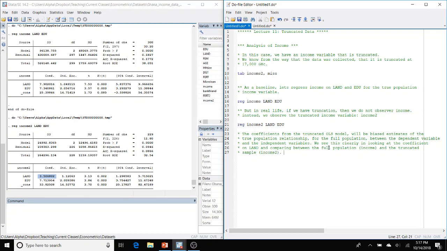So this confirms the idea that if we have a truncated sample, we will get biased estimates. In this case, land is very biased.